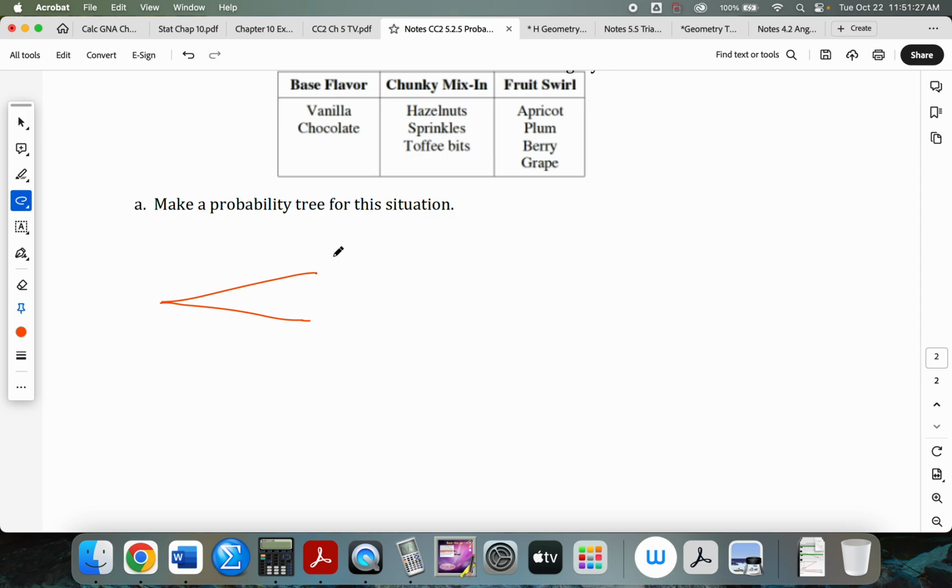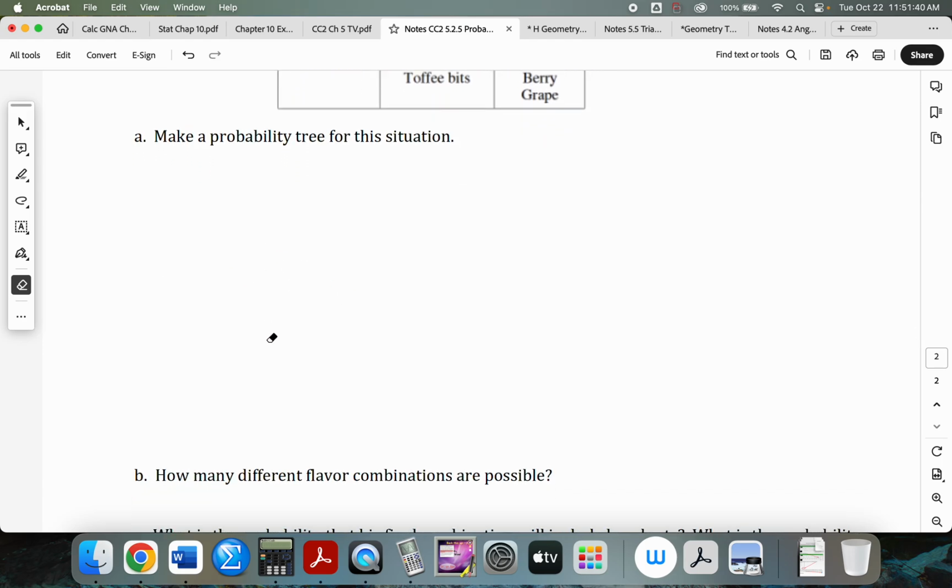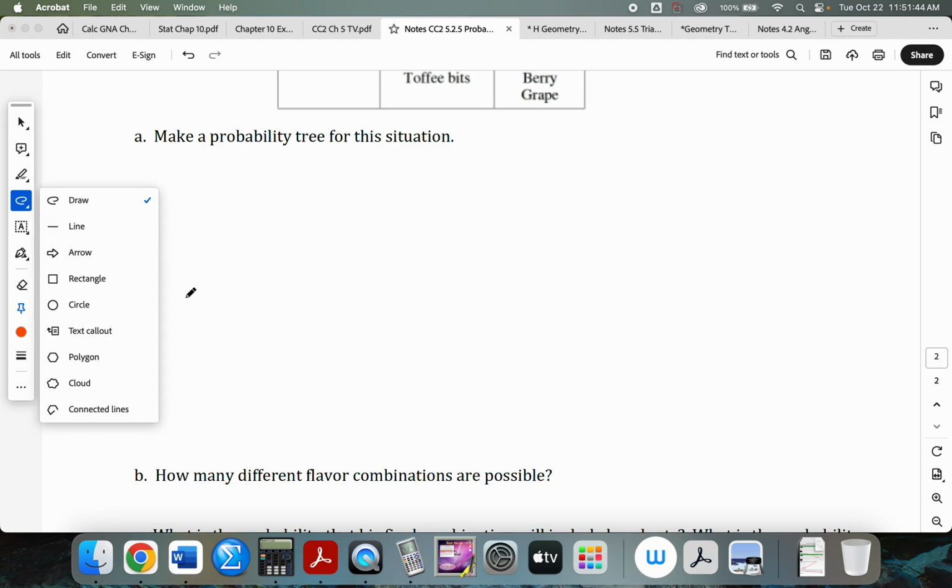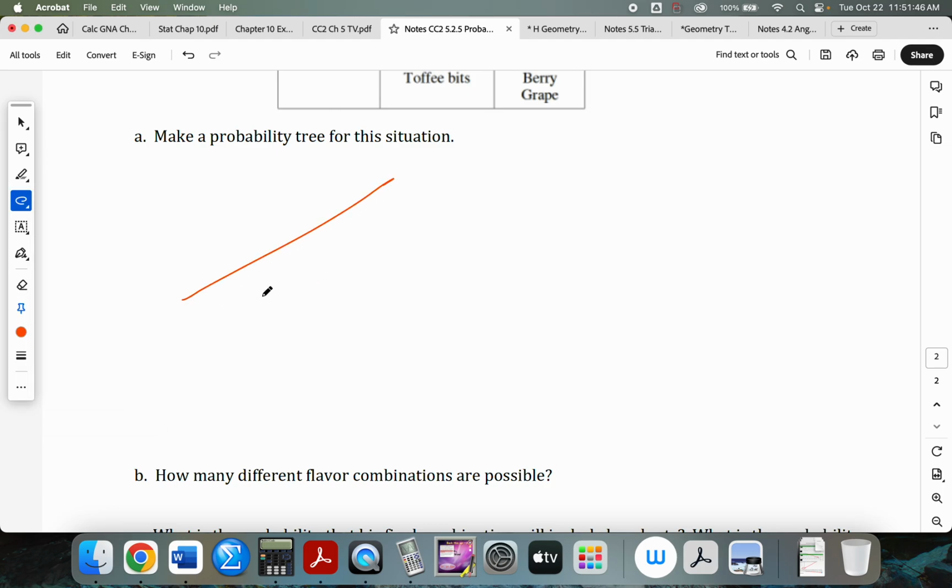Because then you're going to branch off from this and branch off from this, and everything's going to run together. It's going to be awful. If you have plenty of room, make those first ones a long way apart. Now, don't get crazy with it, but that's probably too long.